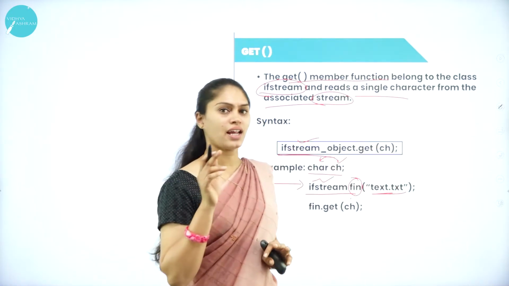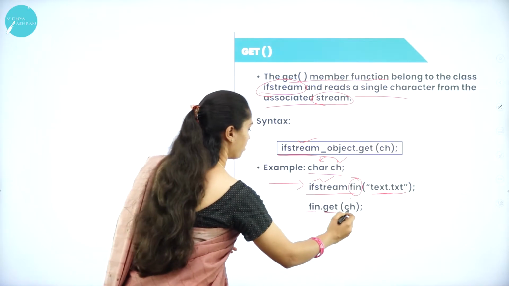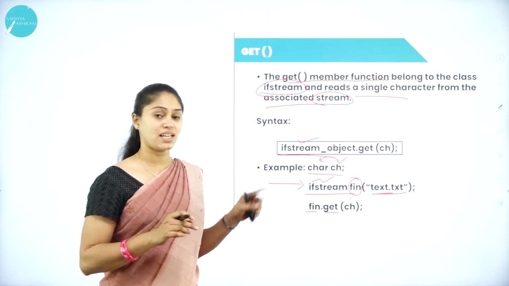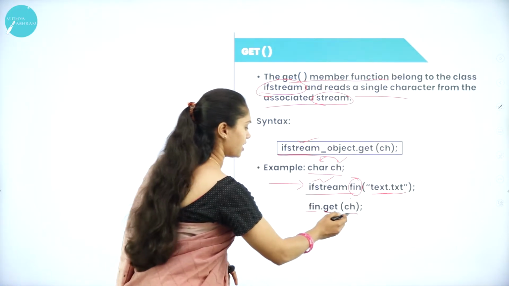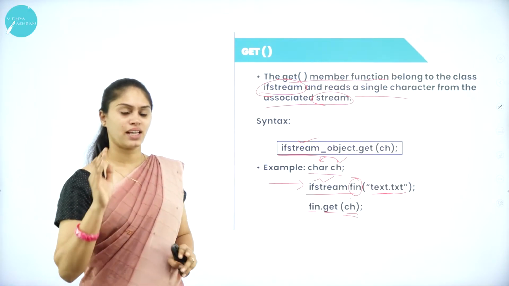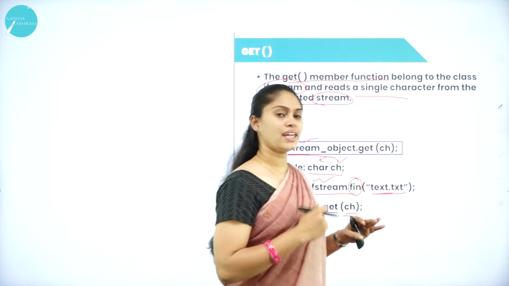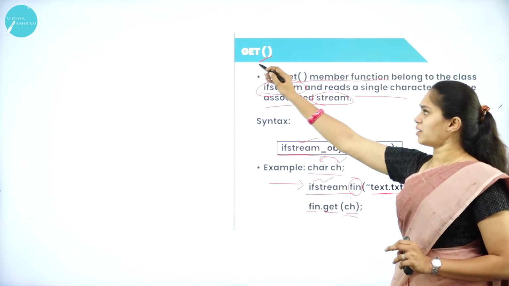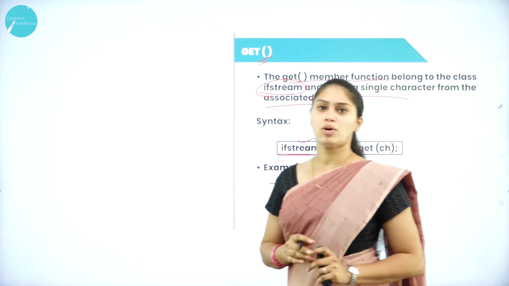With the help of fin, I call the member function get. What argument am I sending within the get function? That is ch, a single character. Getting? So this is how I can give input to the text file by making use of this get member function. This is an important topic.